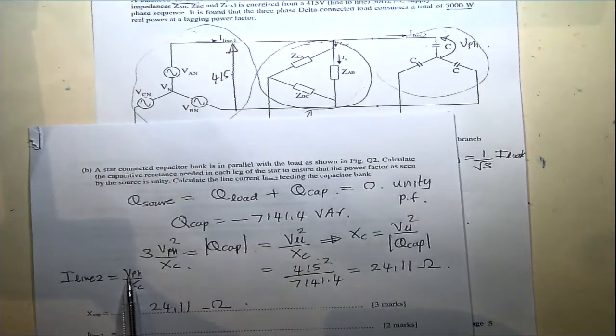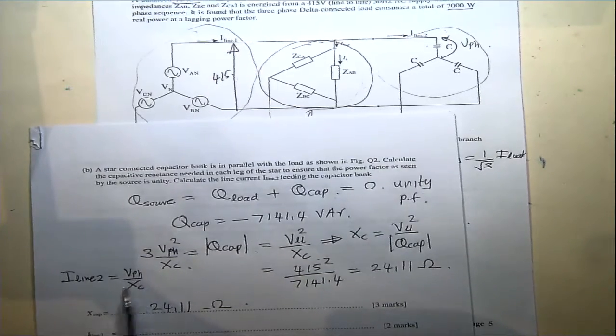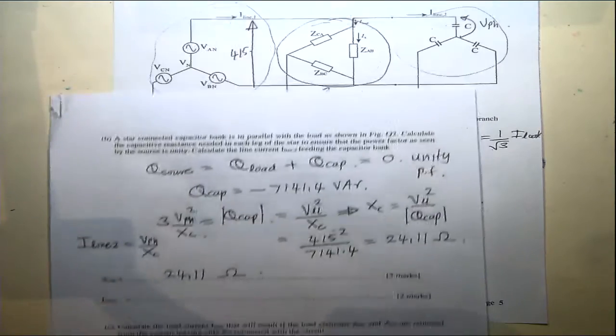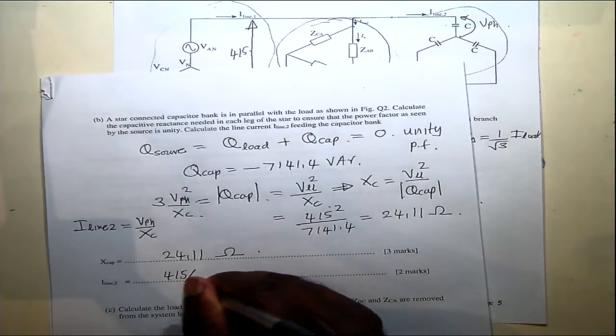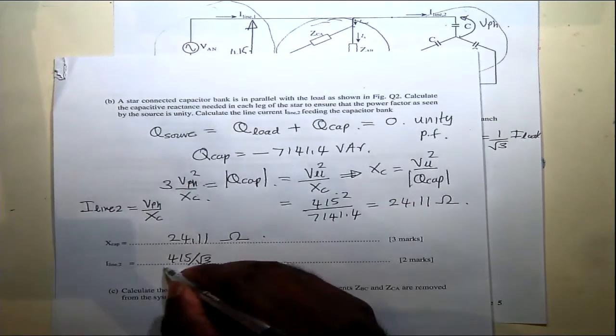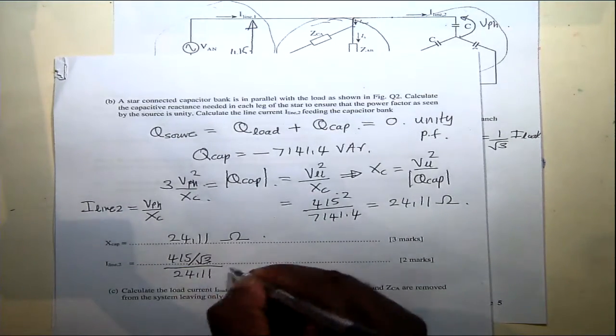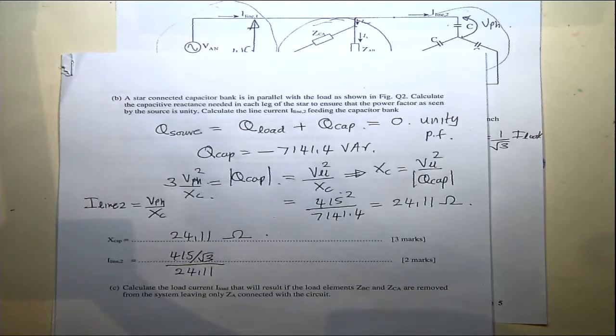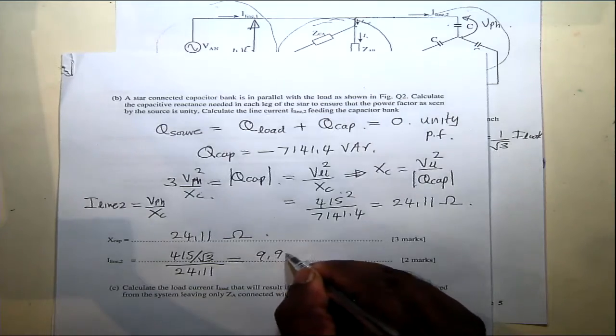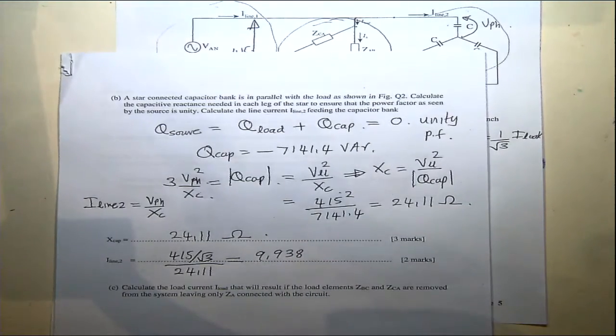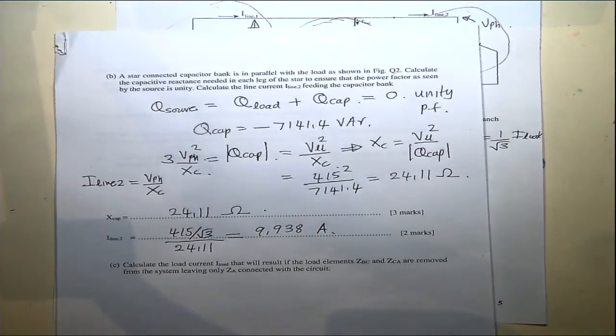So that's 415 over root 3, that's the per phase voltage, divided by the capacitor reactance. So that's the line current into the capacitor bank.